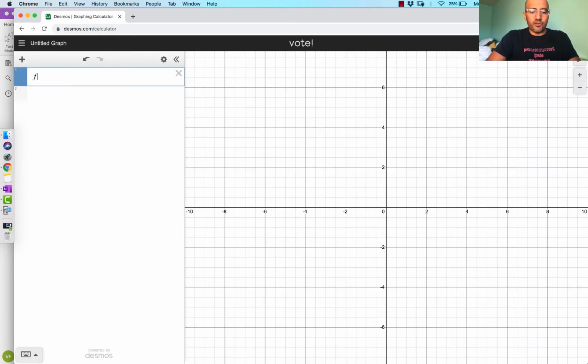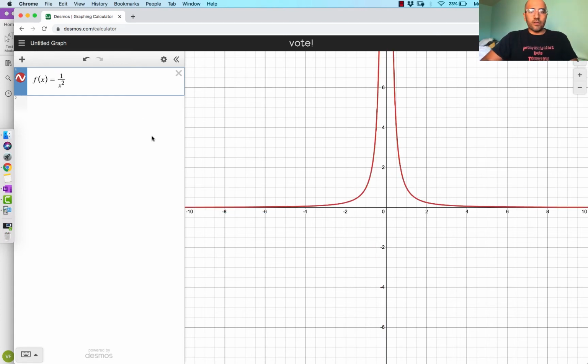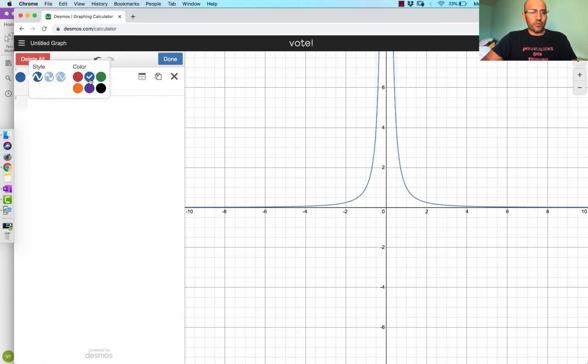So if I have my function f of x equals 1 divided by x to the power of 2, it looks like that. Let's make it blue.